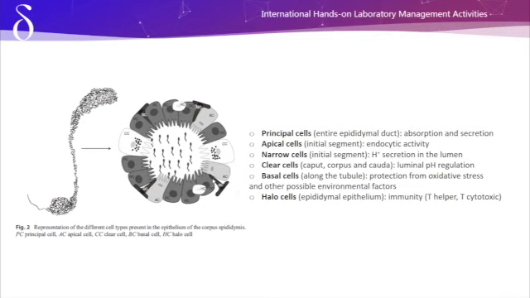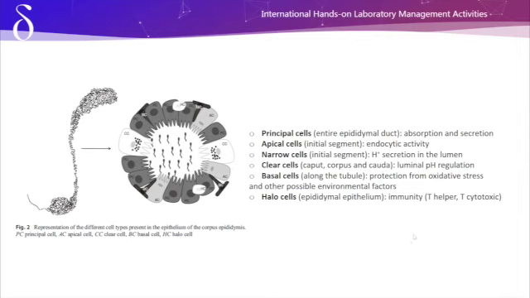Basal cells here in gray and black are present along all the tubule and are involved in secreting substances that protect from oxidative stress and other possible environmental factors that they may encounter in the male genital tract and even in the female genital tract.